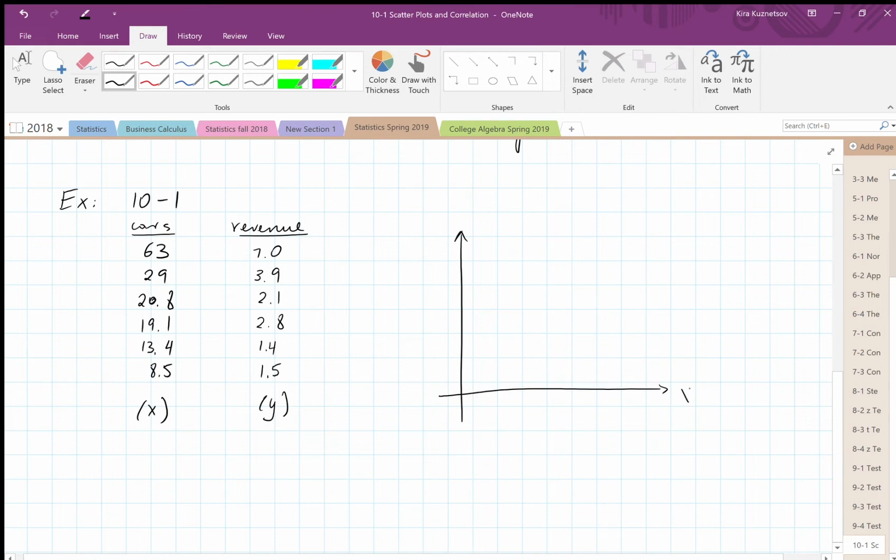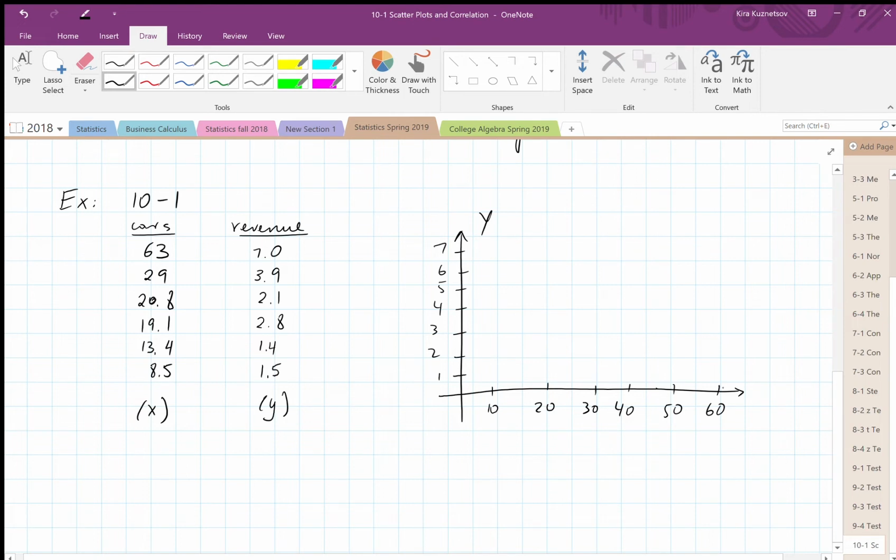So what you can do is you can graph this by hand if you want to make sense of this, but really this is just a collection of points. So I'll label this as, let's say, 10, 20, 30, 40, a few more, 50, 60. And this one is 1, 2, 3, 4, 5, 6, and 7.